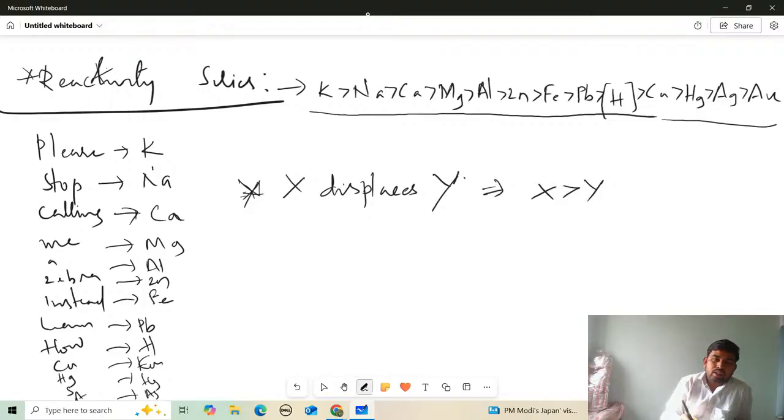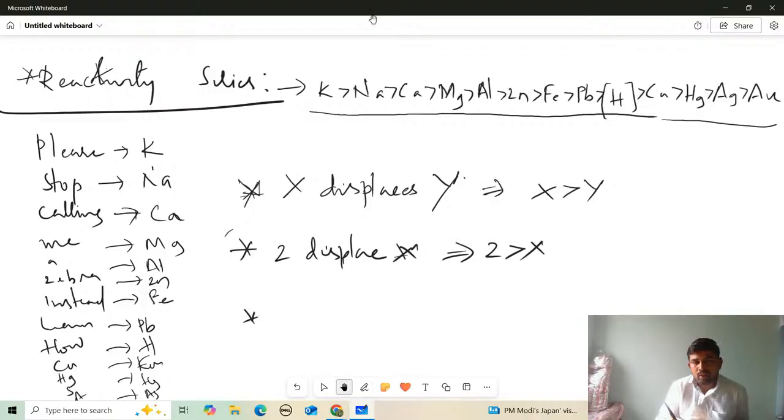Similarly, if it is given that Z displaces X, then you should remember that Z is more reactive than X. In this way, I can take one more example.